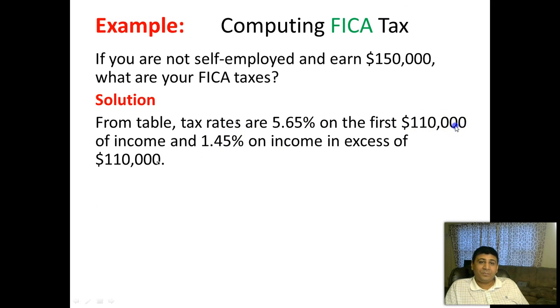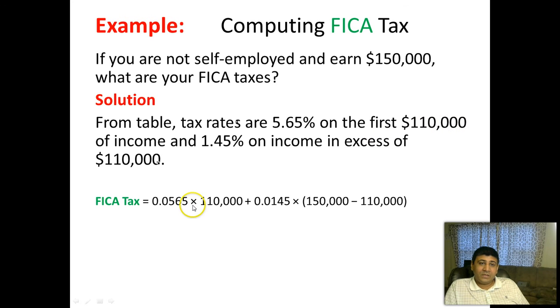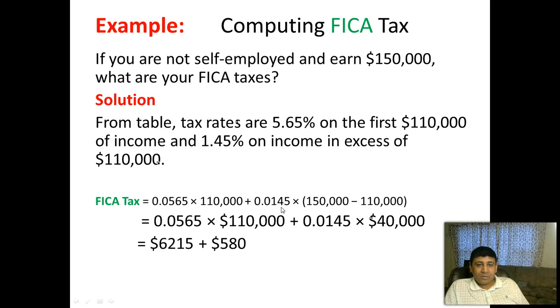To calculate it, it will go like this: 5.65%, written in decimals, is 0.0565 times 110,000 plus whatever you have in excess of that times 1.45%, which is written in decimals here. Work them out, add them up, and this much Social Security and Medicare will come out to be $6,795.